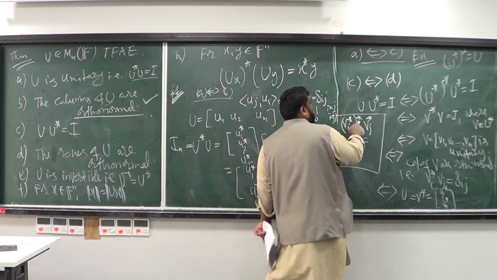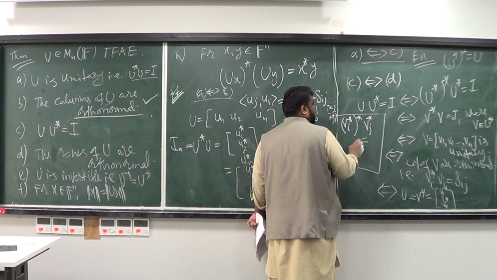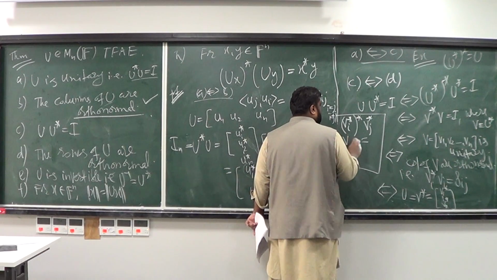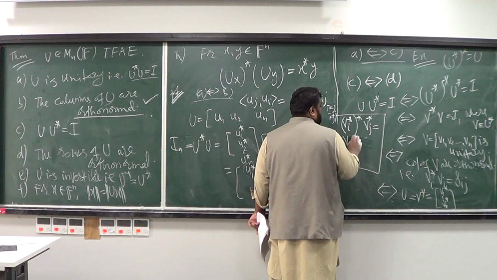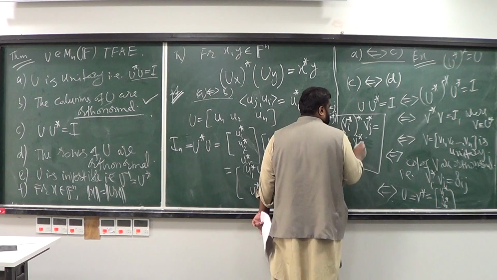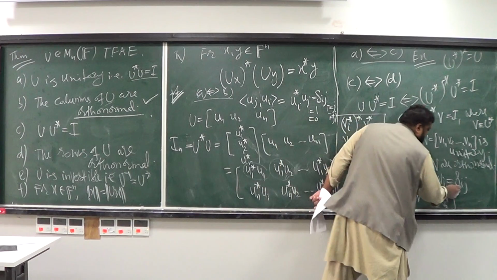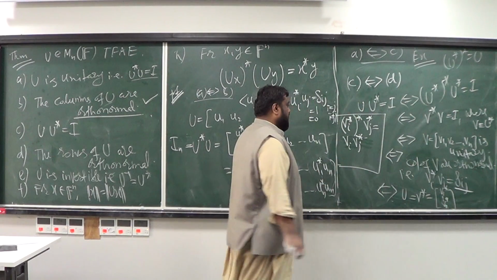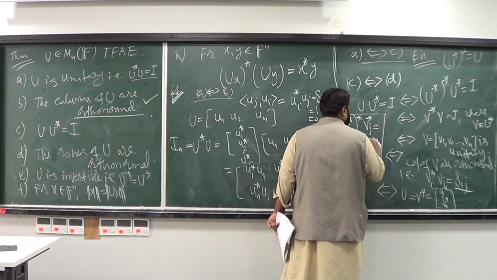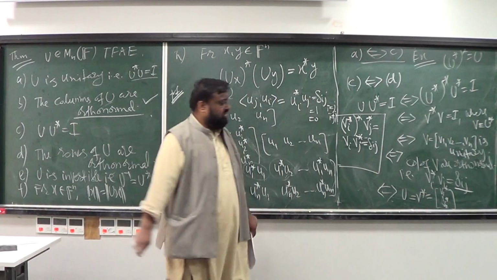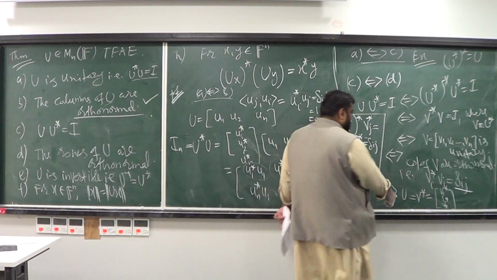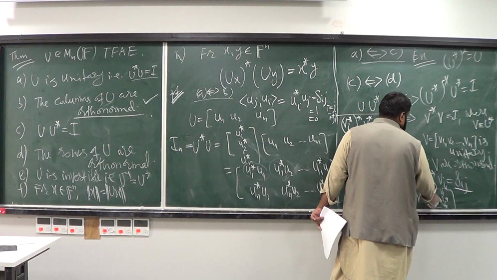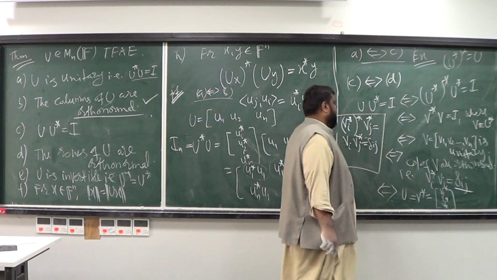Vi star times Vj is equal to delta ij. So this shows that the rows of U are an orthonormal set.